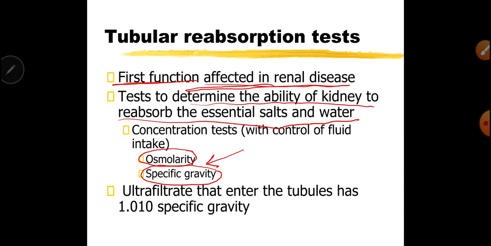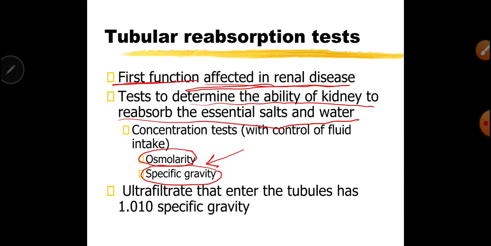Osmolality and specific gravity are used in the laboratory to evaluate the ability of the kidney to concentrate urine. Osmolality is usually more specific to evaluate the ability of the kidney for tubular reabsorption, because the specific gravity is affected by the sizes of the solutes found in urine.